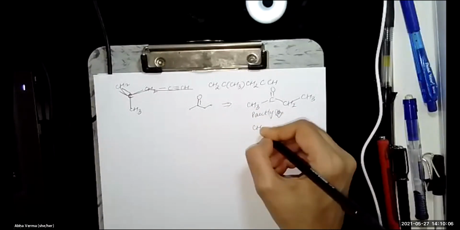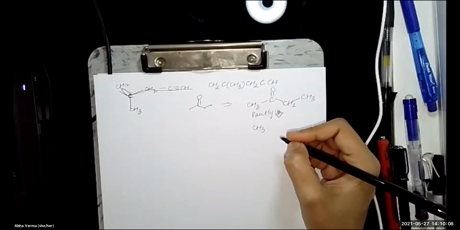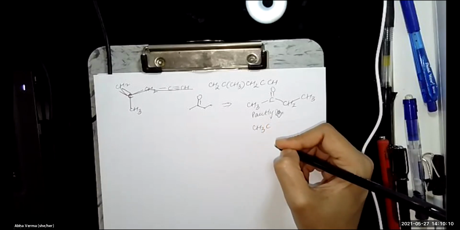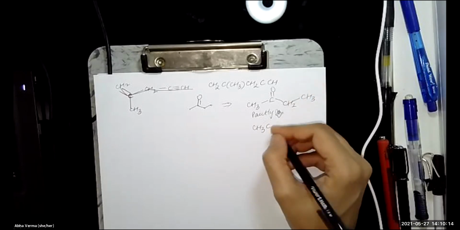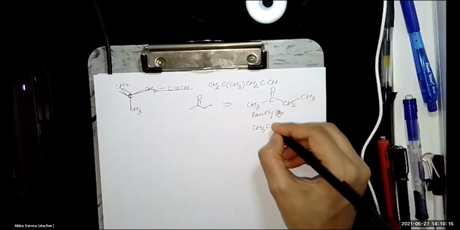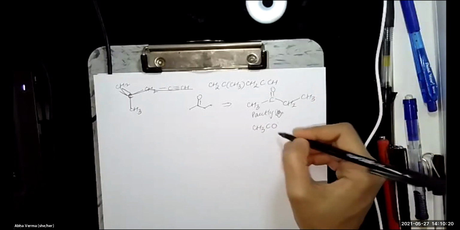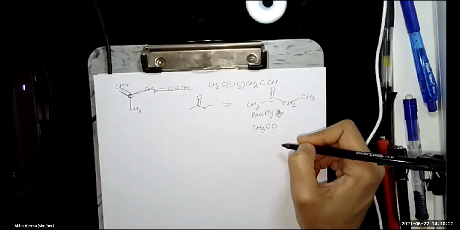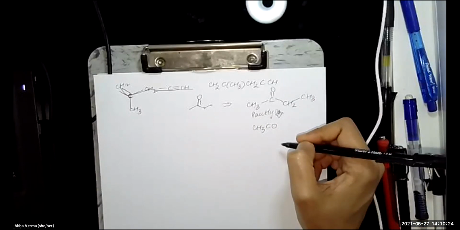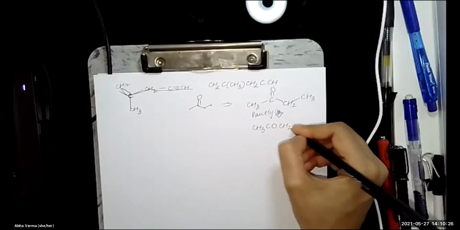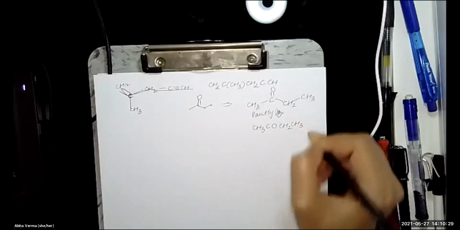CH3. Very good. C. C. Would you put the O next? Now, there are 2 things that I can do. I can just write O like this, or I can write the O in parentheses also. And then CH2, CH3. Exactly. Very good.